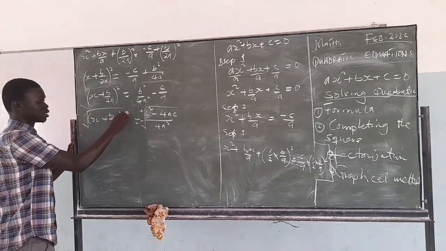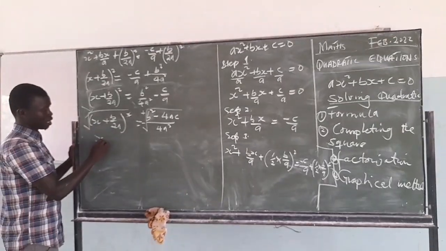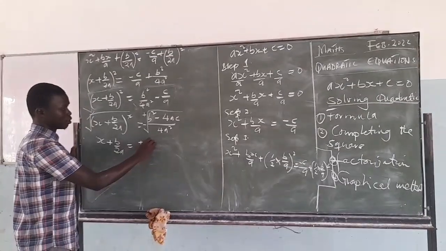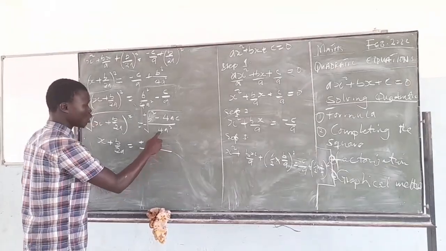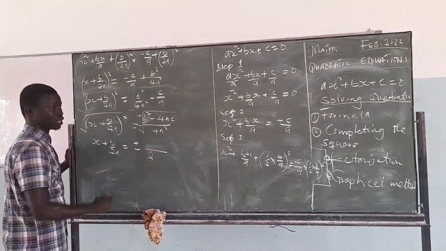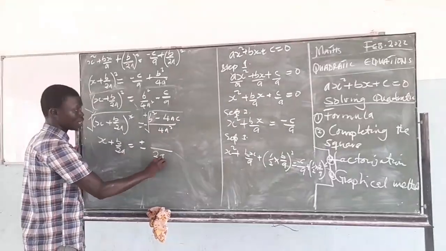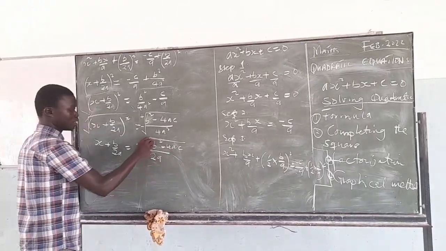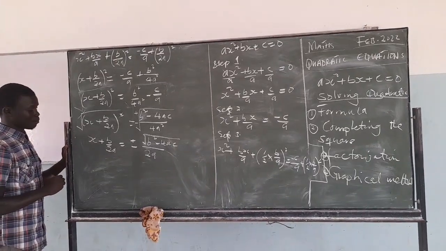So square root cancels square, and we are left with x plus b over 2a must give us plus or minus. The square root of 4 we all know is 2. And a square is a perfect square. That is, the square root of a square is just a. So on top we are left with b square minus 4ac. Right? So next step, what are we going to do?